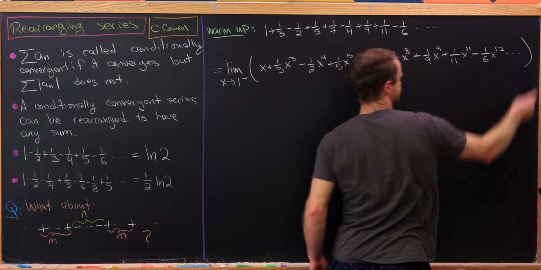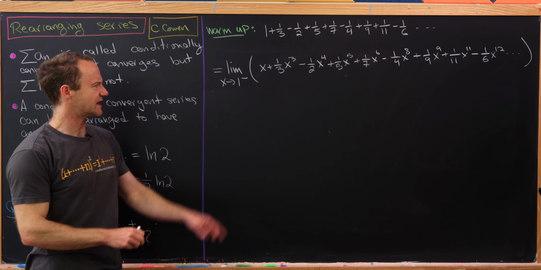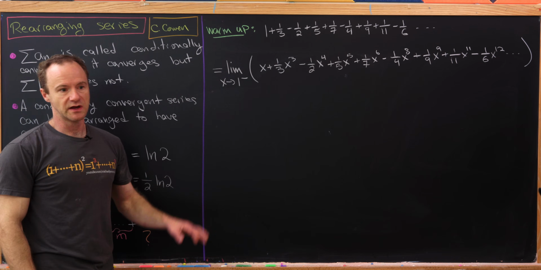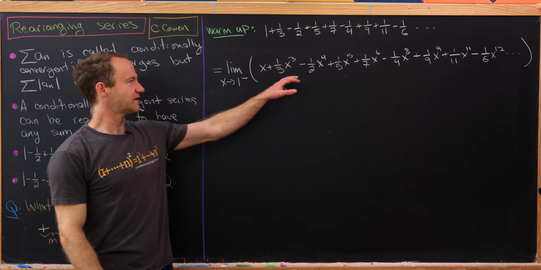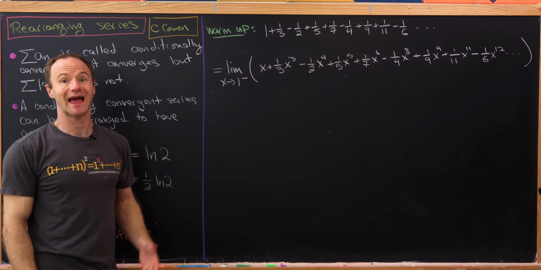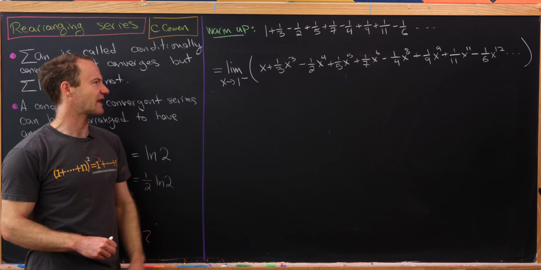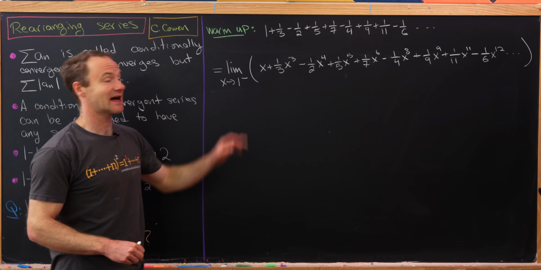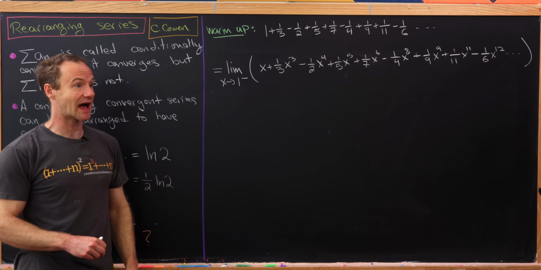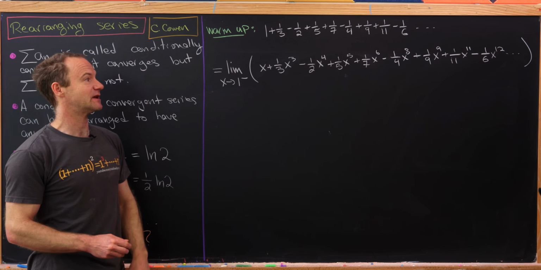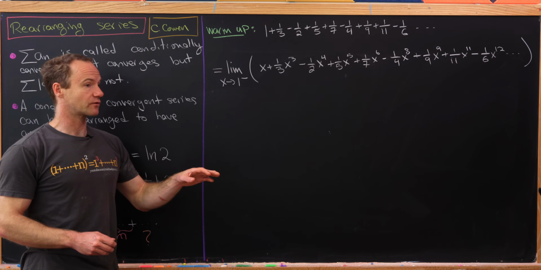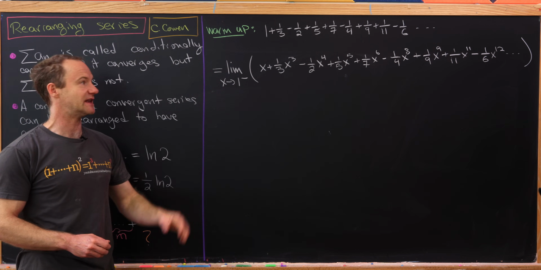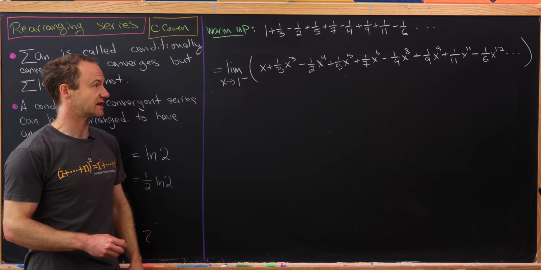Okay, good. But now let's notice that if my limit is x going to 1 from below, then everything in here is converging absolutely. And you can check that fairly easily. But since everything in here, inside the limit I should say, is converging absolutely, that means it can be rearranged. So I'll rearrange it so that all of the positive terms are grouped together and all of the negative terms are also grouped together.